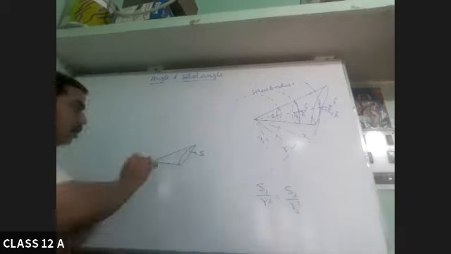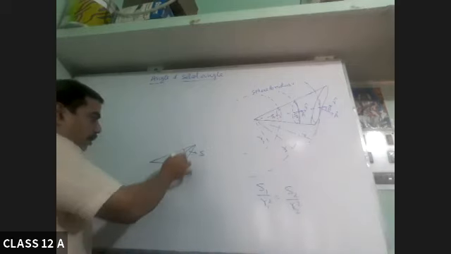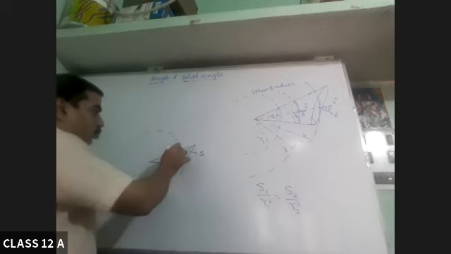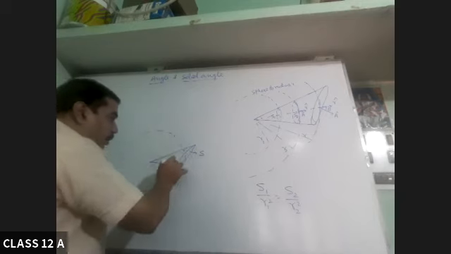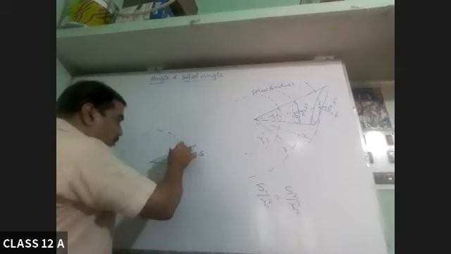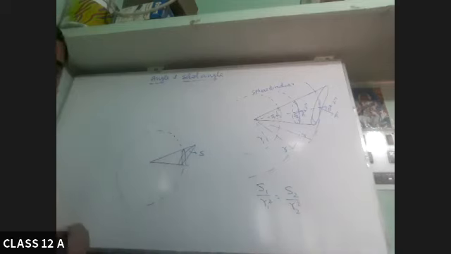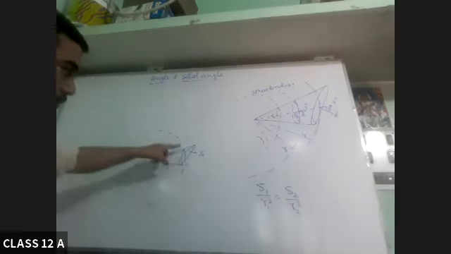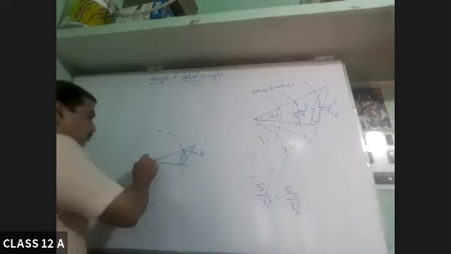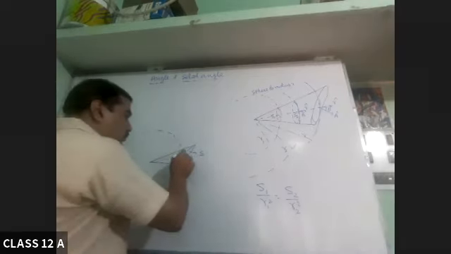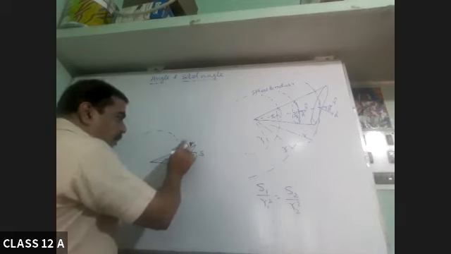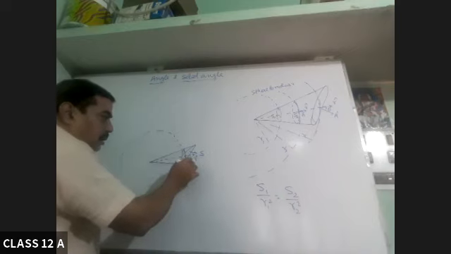But when we draw a sphere, it may come like this. So what we require is this area, which is along the radius vector. So this is the radius vector, whereas this area which is given here is along this one.